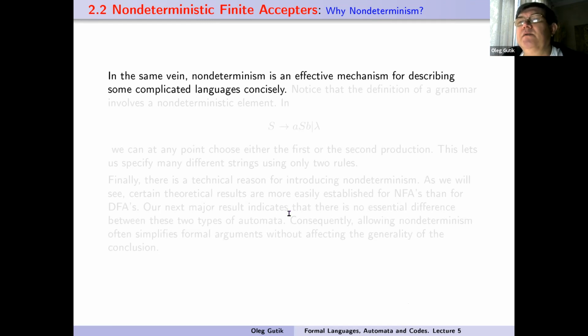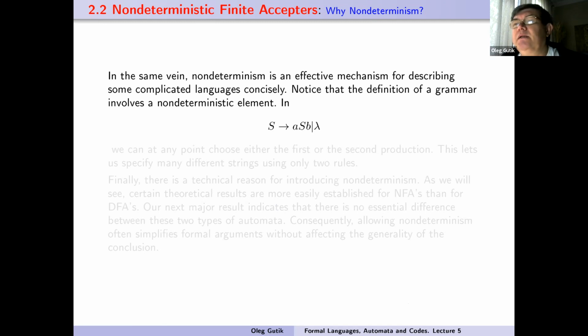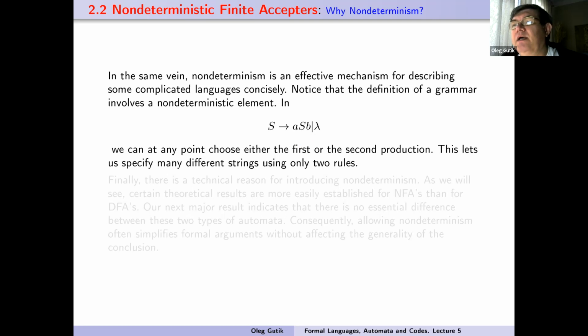In the same vein, non-determinism is an effective mechanism for describing some complicated languages concisely. Note that the definition of a grammar involves a non-deterministic element. In the rule S to aSb or lambda, we can at any point choose either the first or the second production. This lets us specify many different strings using only two rules.